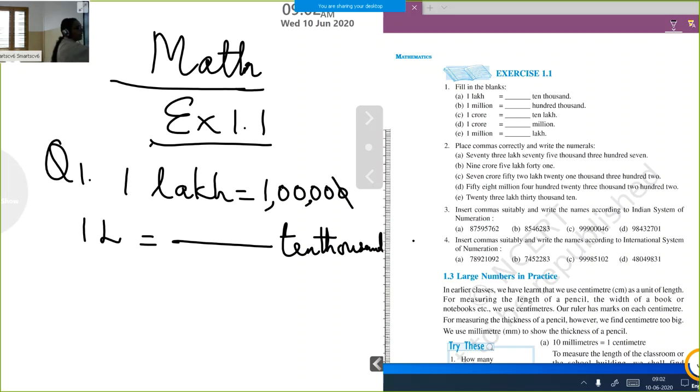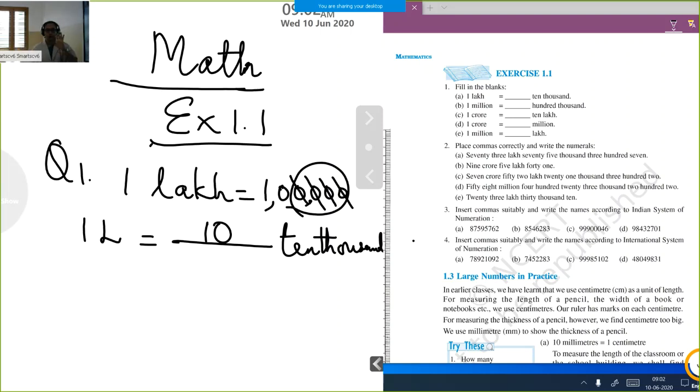So teacher is removing 1, 2, 3, 4 zeros. Then what is left? 10. That means 1 lakh means 10,000, because 1 lakh is having 5 zeros and 10,000 is having 4 zeros.